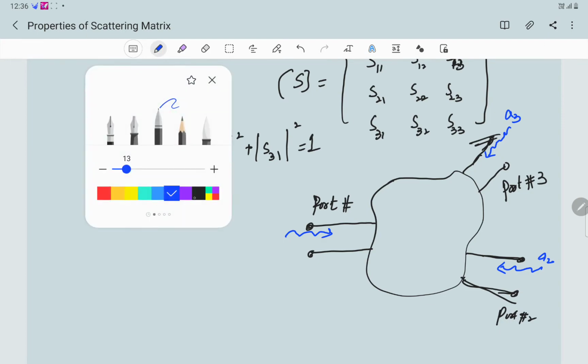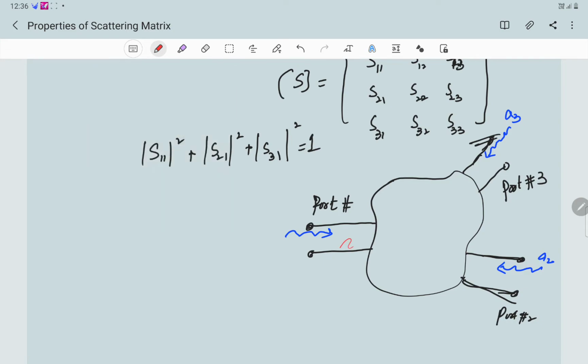And the reflected waves, at port 1, it will be B1. At port 2, the reflected wave would be B2. And at port 3, it would be B3. So this is a 3-port lossless network.